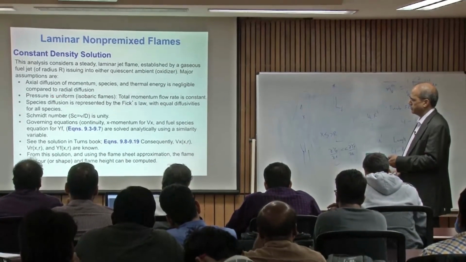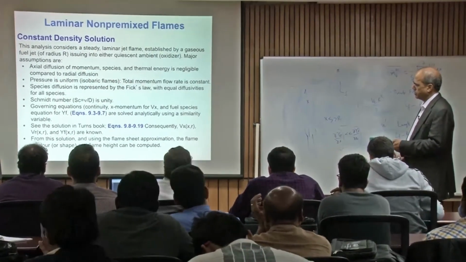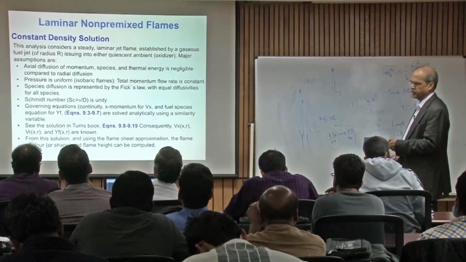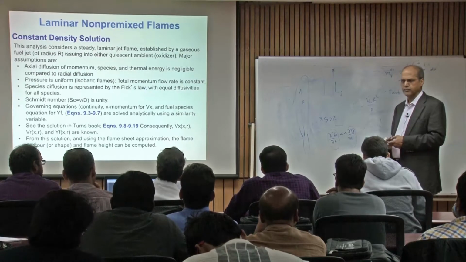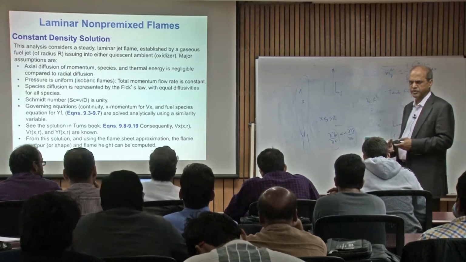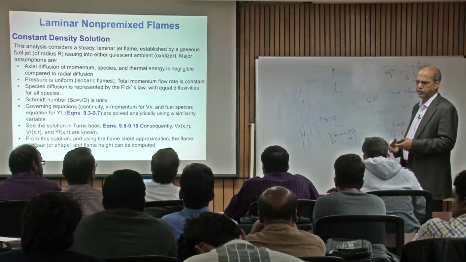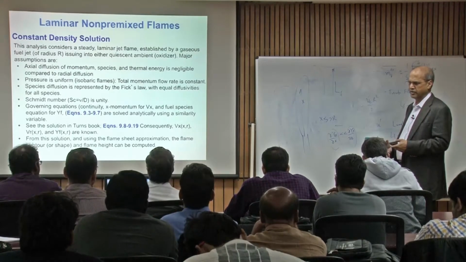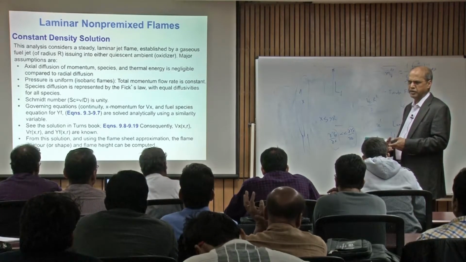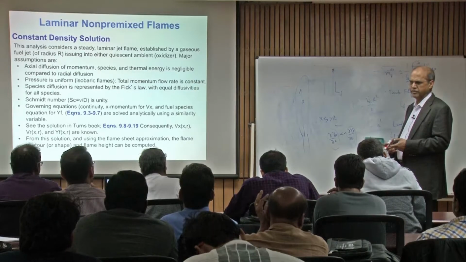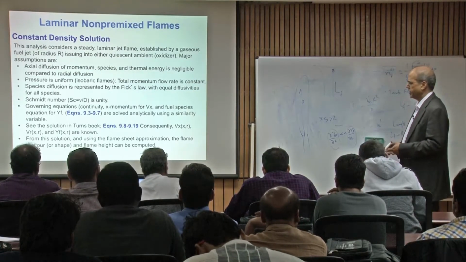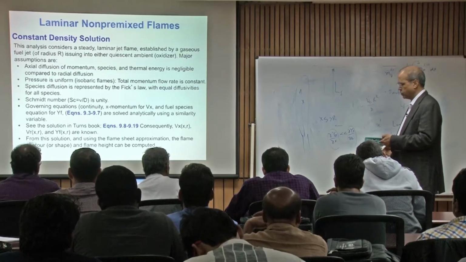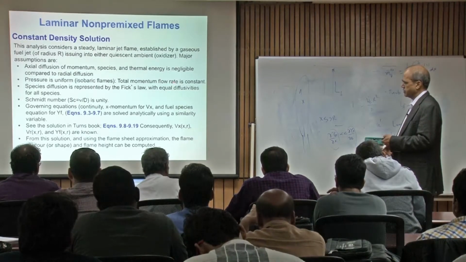That is another good assumption. So the total momentum flow rate becomes constant. We neglect the viscous forces and the pressure forces, then the total momentum flow rate will become constant, because we remember the rate of change of momentum is due to the pressure forces and the viscous forces. If you neglect those, the total momentum flow rate becomes constant.